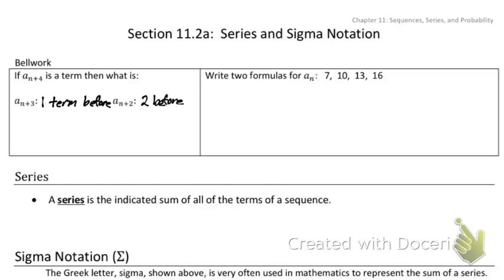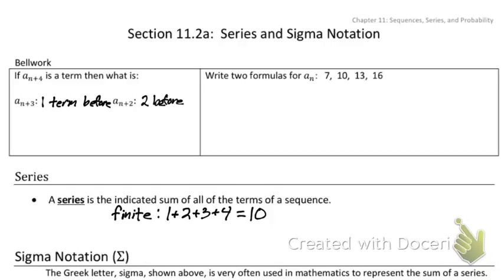Well, a series has two different types. It's not really crazy. It's the same thing we did with sequences. A series can be finite. An example of a finite series might be 1 plus 2 plus 3 plus 4. These are nice because you can come up with a nice total. That's a finite series. It has a beginning.